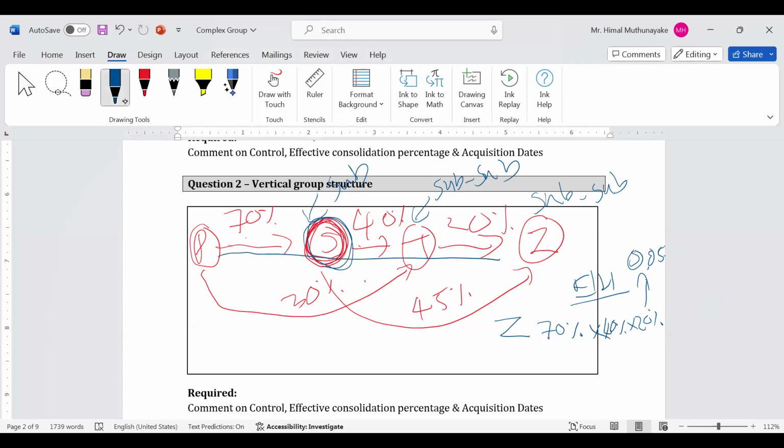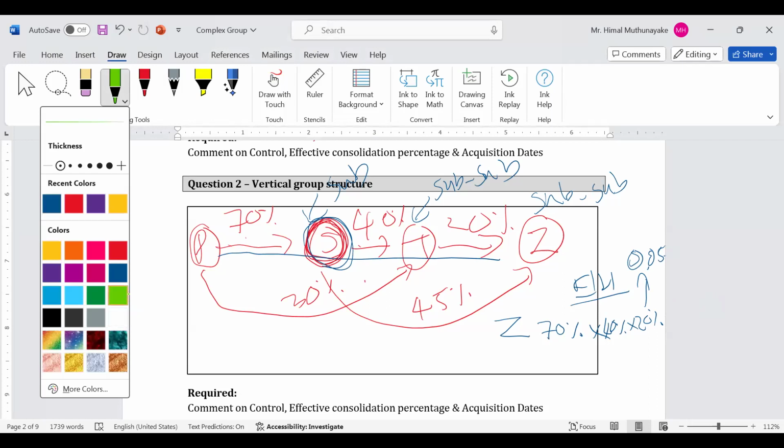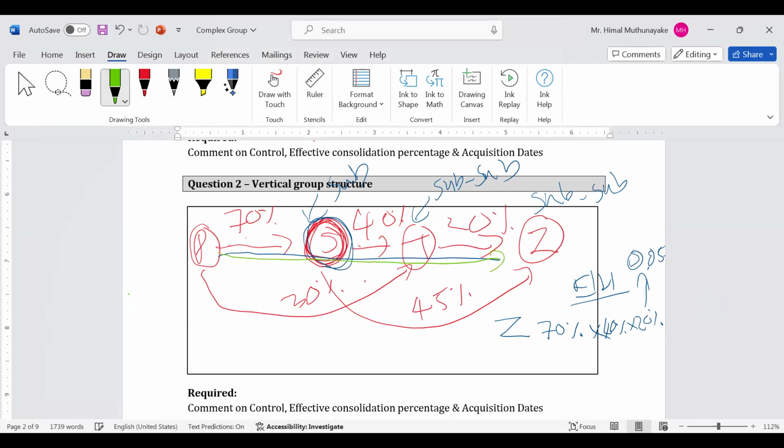This is the first part. I will use another color. So the next part, what is the next part? 30% and 20%. 30% multiplied by 20%. It is, I think, 0.06. So that is the second part.